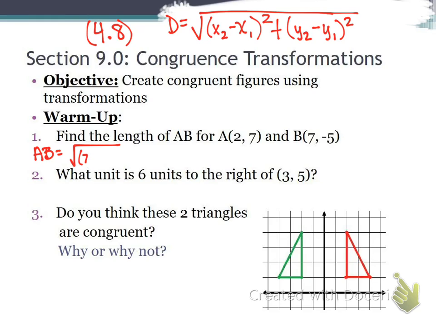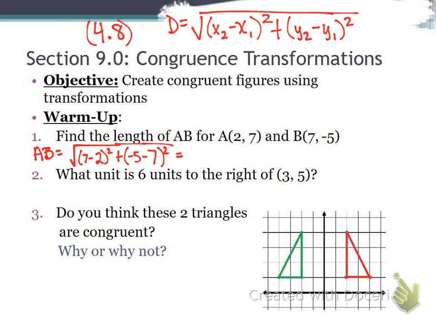Okay, 7 minus the other x, 2, that gets squared. Plus, what do you have to plug in for your other y? -5 minus 7, that gets squared.